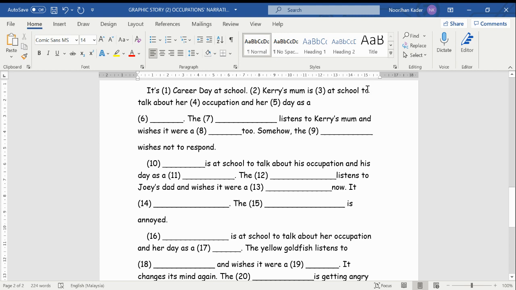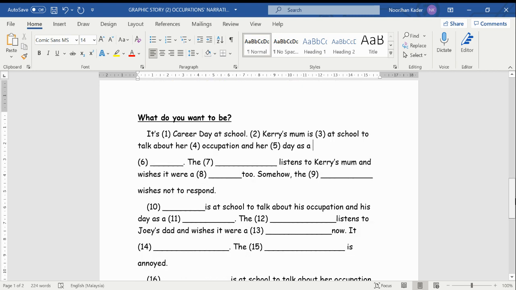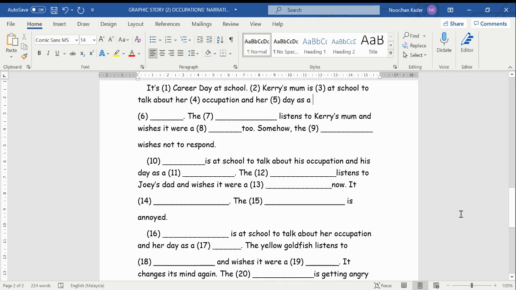Then where? At school. But I did not put here the details because it is not that relevant to put it here. Then the other one was which. So which occupation? Her occupation is a dentist. Okay, dentist. Remember? Yes, that is in part 1. We already did that in part 1.